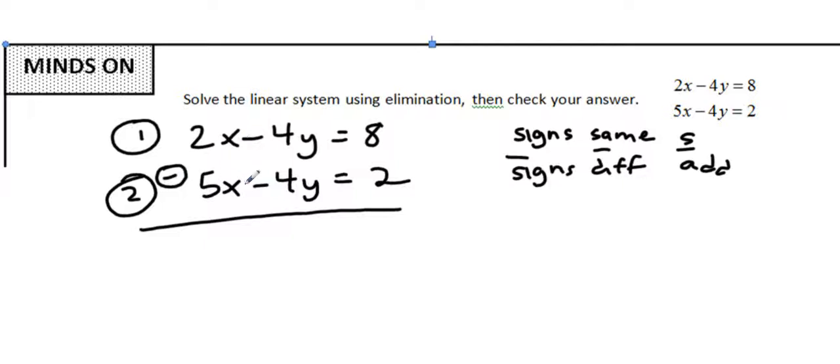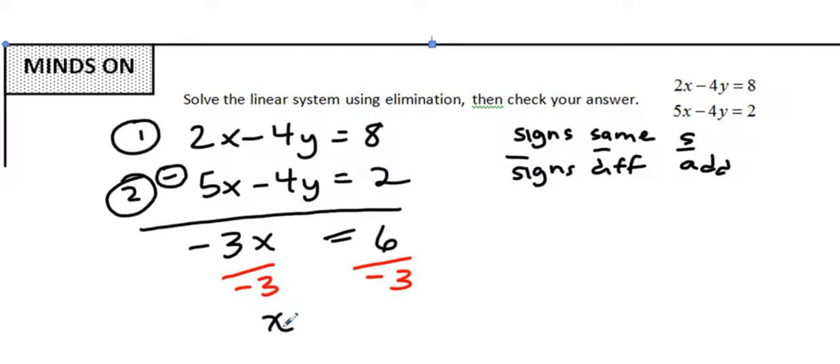So minus 4 plus 4 is 0. So 2 minus 5 is minus 3x. This is 0 equals 8 minus 2, which is 6. So pretty easy once you decide it's subtraction. Divide through by negative 3 on both sides, and you get, of course, x equals negative 2.